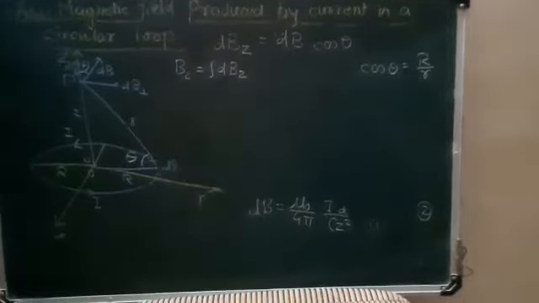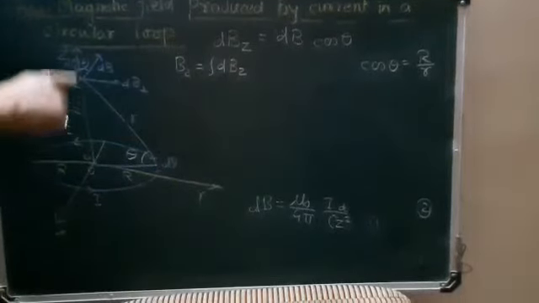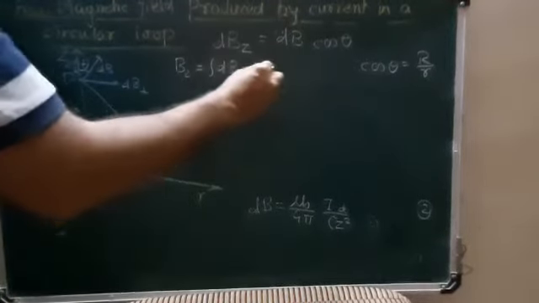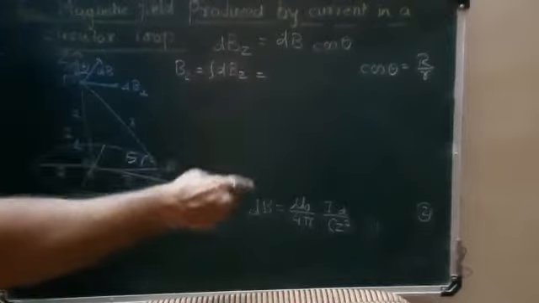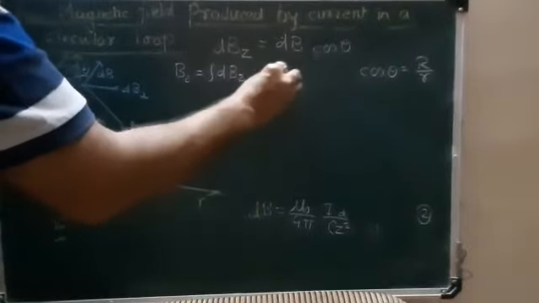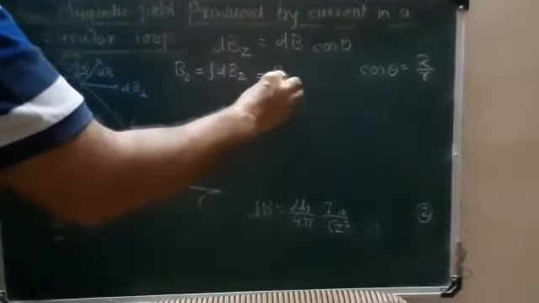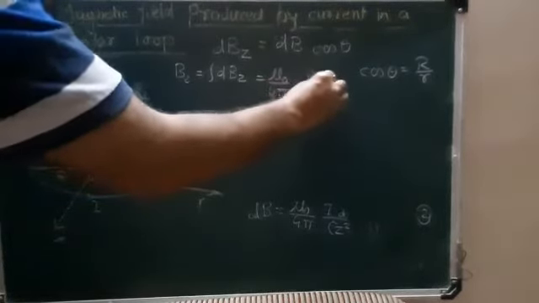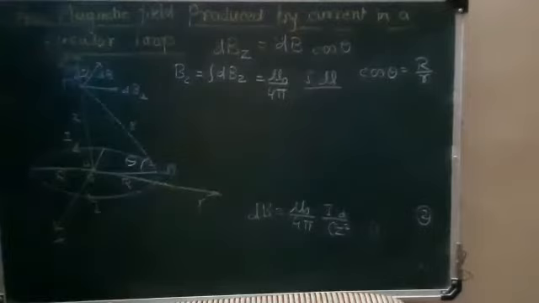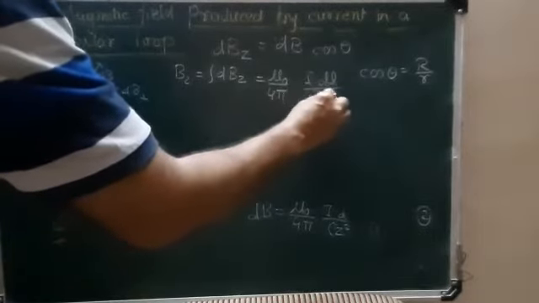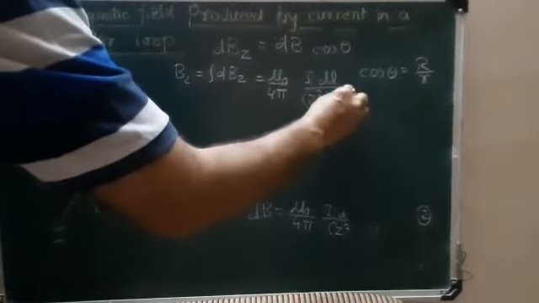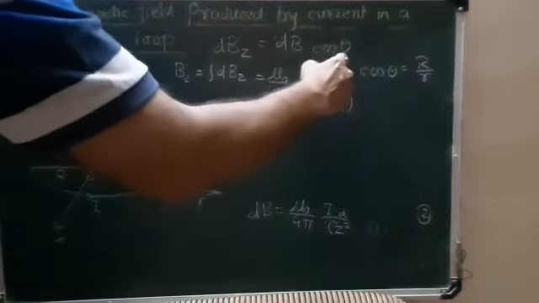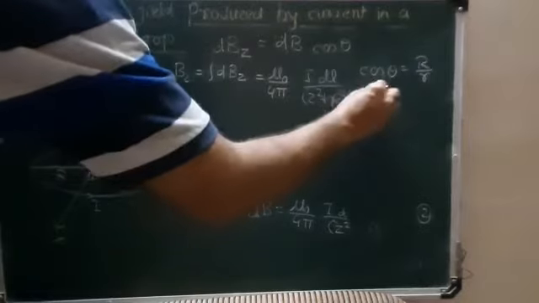That is the magnetic field of induction along the z axis, the axial magnetic field, will be equal to the integral of dBz, and we substitute dB equal to mu 0 upon 4 pi, I dl upon z square plus R square, into cos theta.